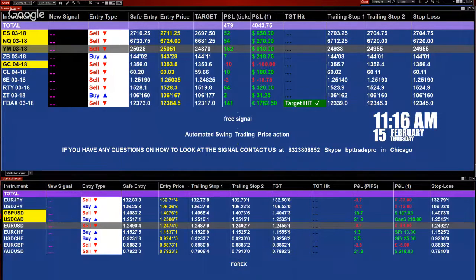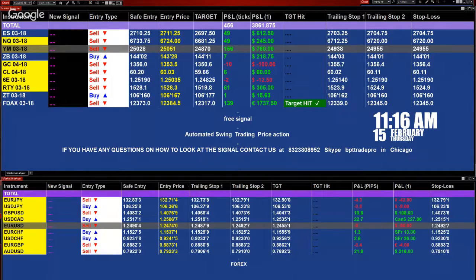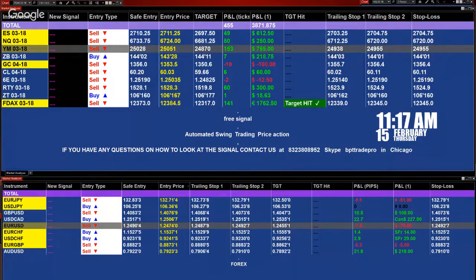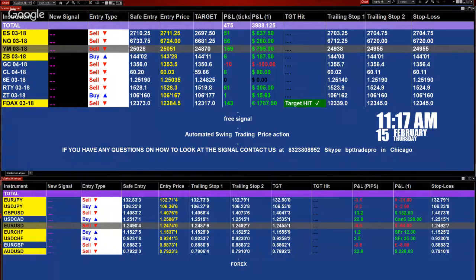I will keep my eye on the trades here to help you with it, but it's strictly trying to help traders. So I don't have to serve anyone. I'm just sharing my signal with everybody. So hopefully you can pick up something here.